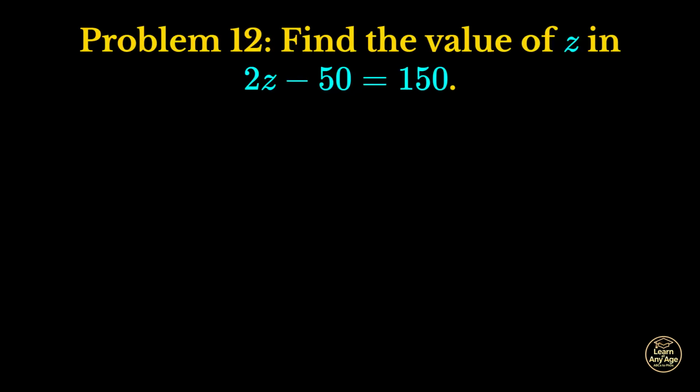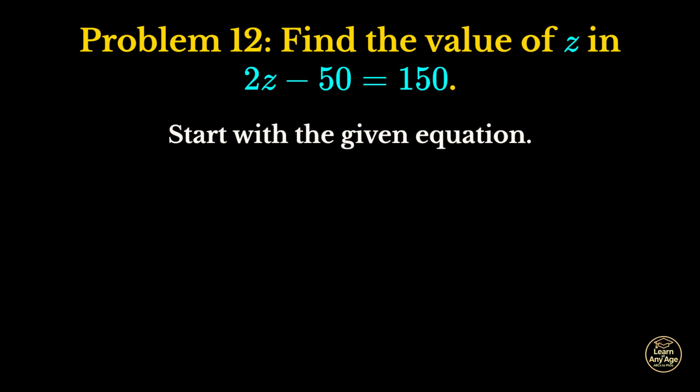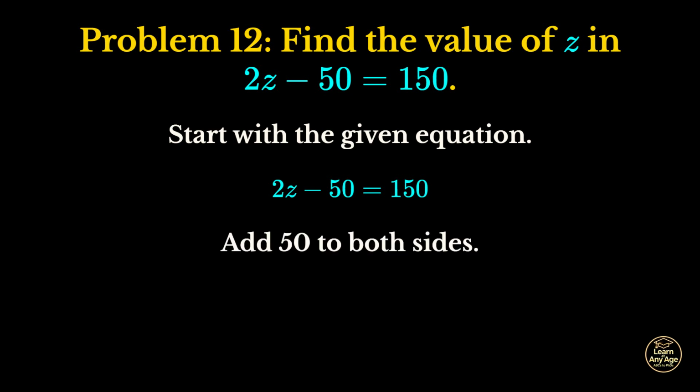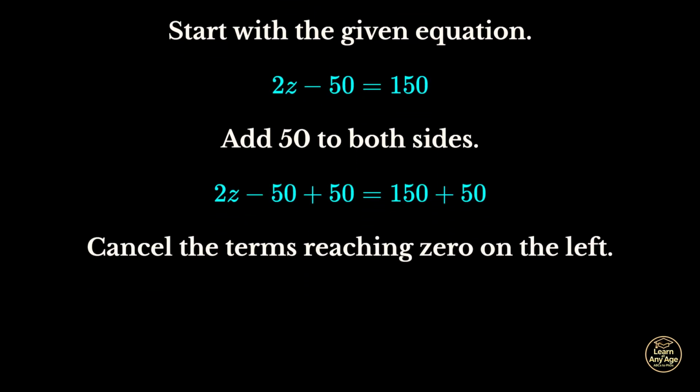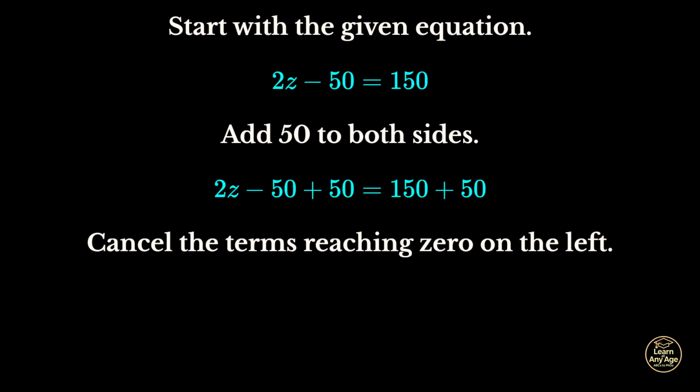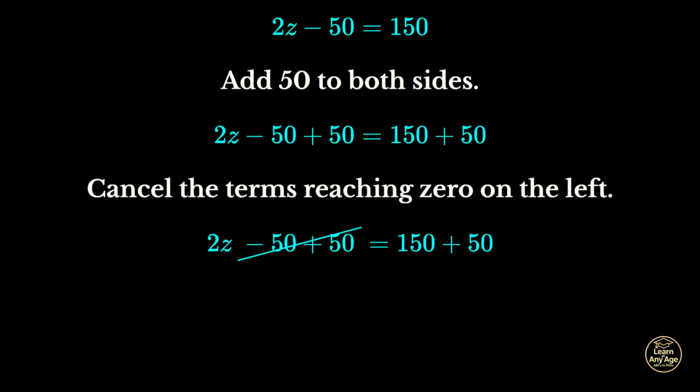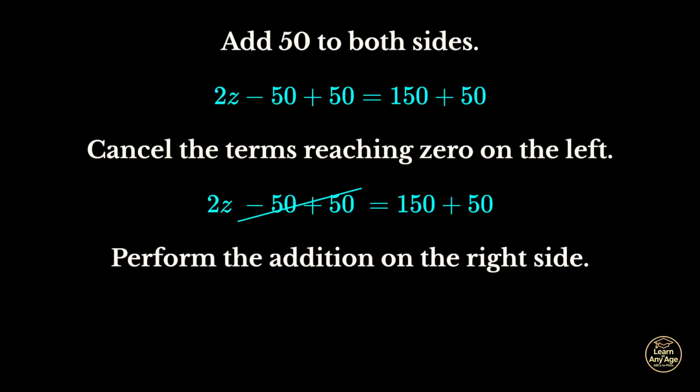Problem 12. Find the value of z in 2z minus 50 equals 150. Start with the given equation. 2z minus 50 equals 150. Add 50 to both sides. 2z minus 50 plus 50 equals 150 plus 50. Cancel the terms reaching 0 on the left. 2z minus 50 plus 50, cancelled out, equals 150 plus 50.